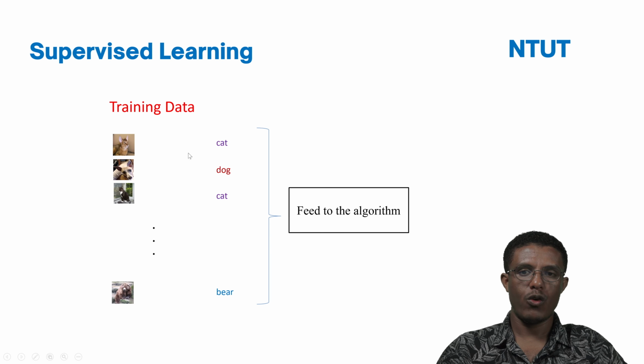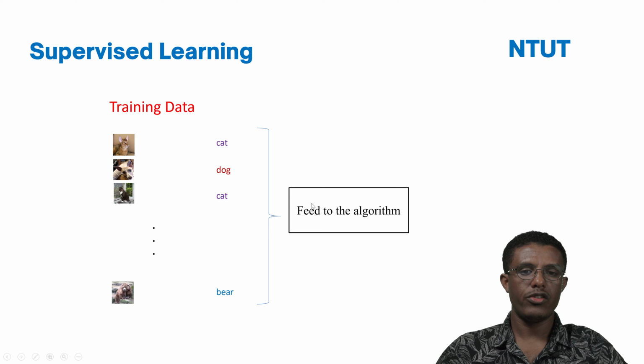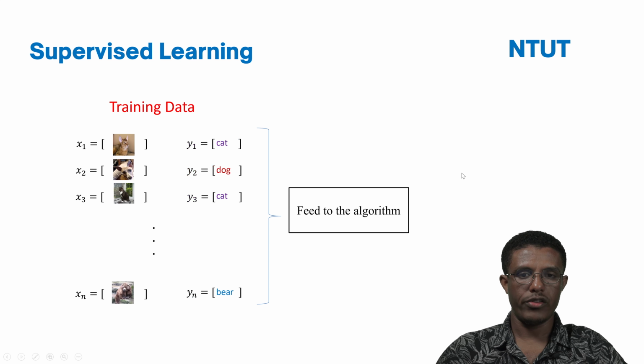This is an example of supervised learning training data. These are images of different animals, and this is the labeling, which indicates the name of each animal: this is a dog, this is a cat, and a bear, and they are fed to the algorithm. So first the data is labeled like this. There is an image and also the name of the image, and this is fed into the algorithm.